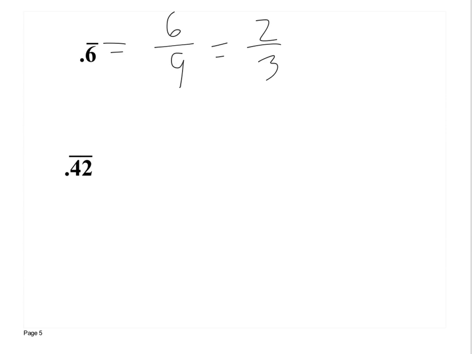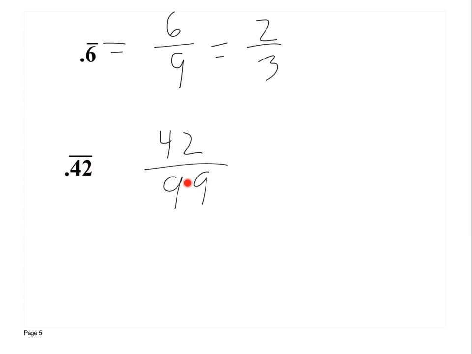0.42 repeating. So I take what's behind the decimal, I write it as a fraction. Can anyone take a guess what my denominator is? 99. What I do is I count how many decimal places there are. There's 2 decimal places, so how many 9s are there? 2 9s. I count the decimal places.